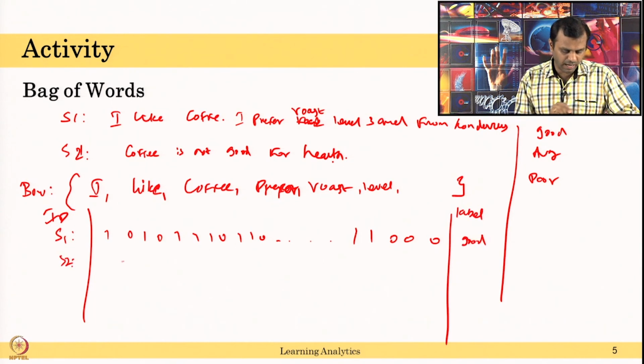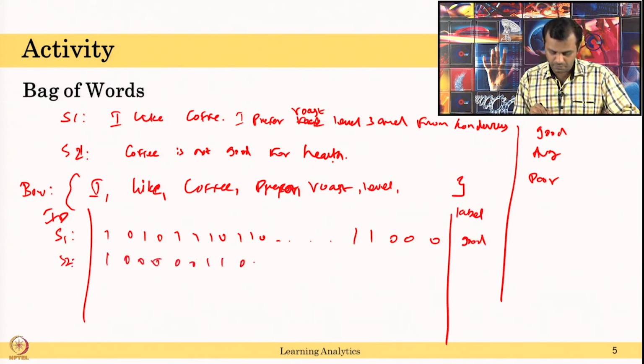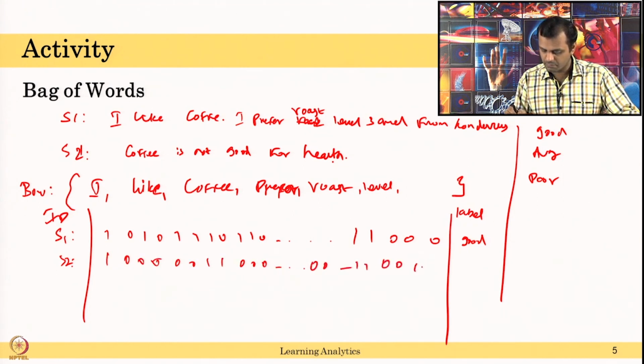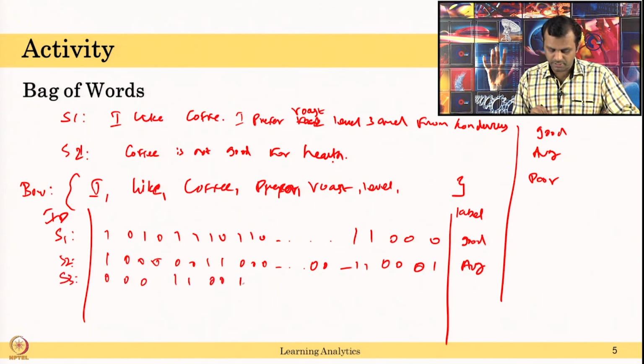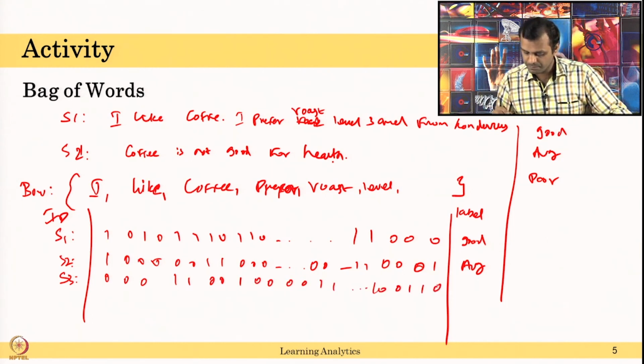Student 2 has average, something like that, and then poor.